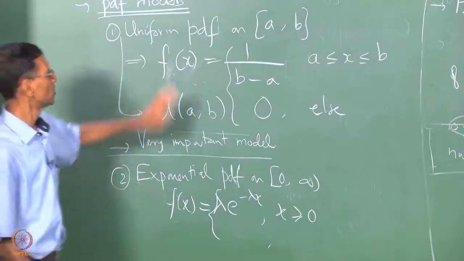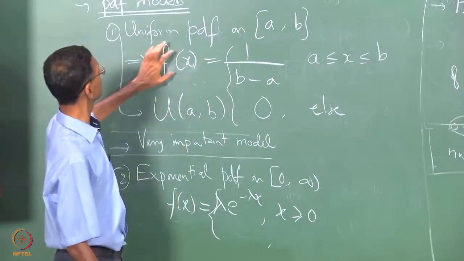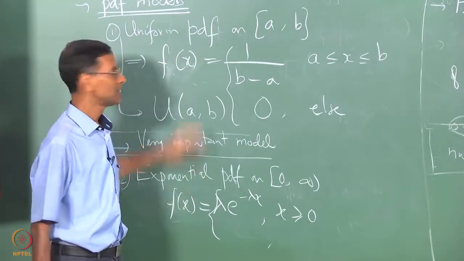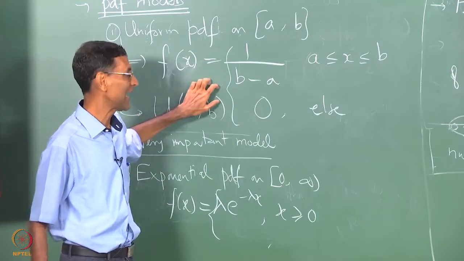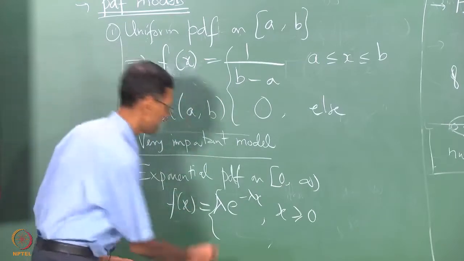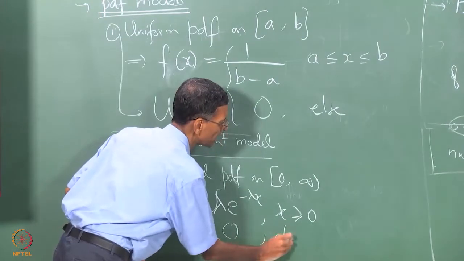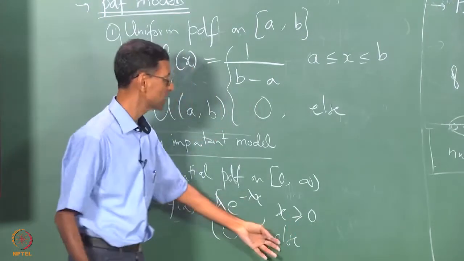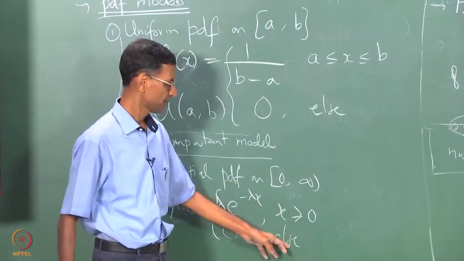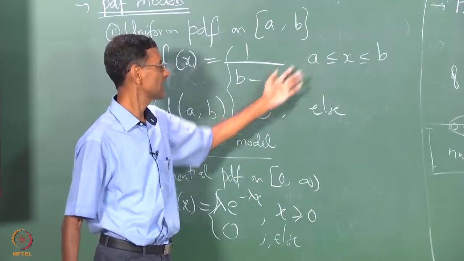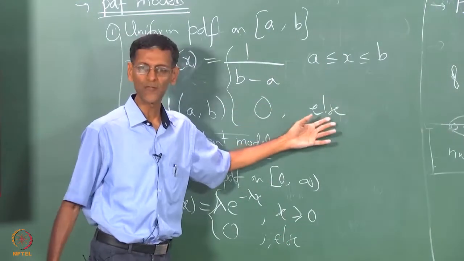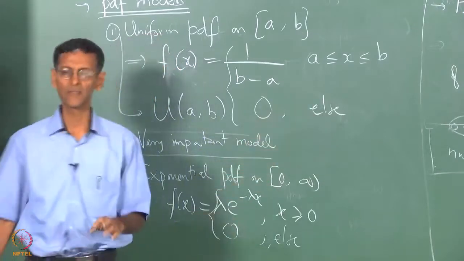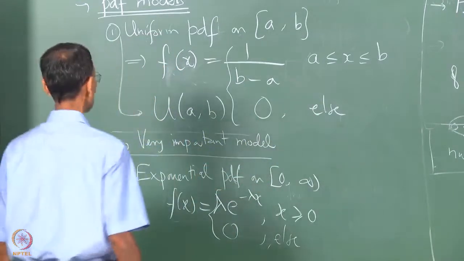Note that both of these PDFs have a jump, this one at A and B, and this one has a jump at 0. So if x, that means x less than 0 here. Here of course it means x less than A or x greater than B, which is very convenient to write like this.